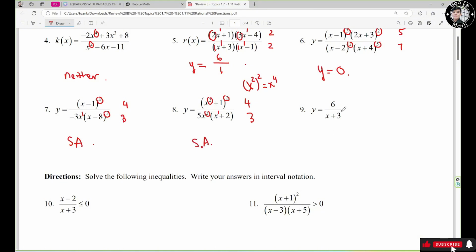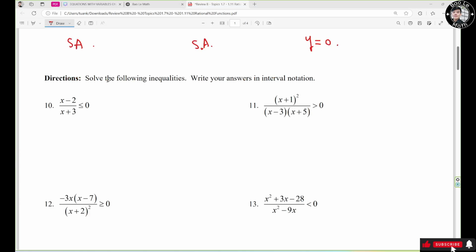Now the last one, the numerator has a power of 0, so its degree is 0. The degree of the denominator is 1. So the degree of the numerator is 1 unit less than the degree of the denominator, and you have the horizontal asymptote y equals 0.